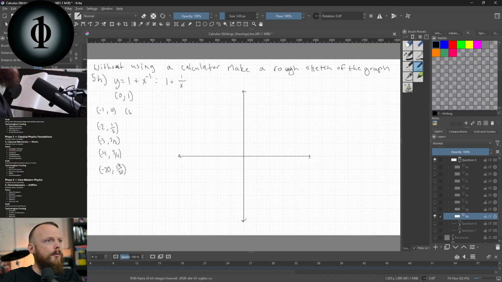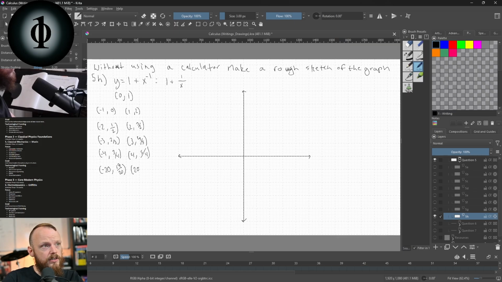All right. 1. So 1 plus 1 is 2. 2. So 1 plus a half is 1.5. So 3 over 2. 3. 1 plus a third is 4 over 3. 4. 5 over 4.